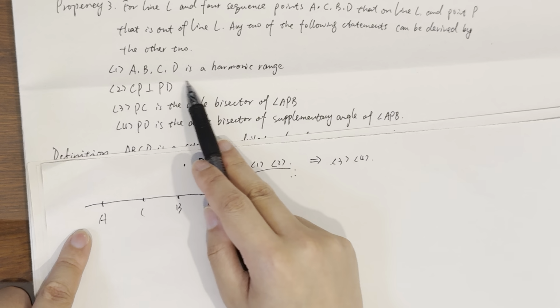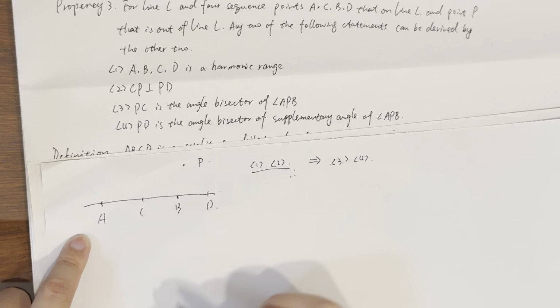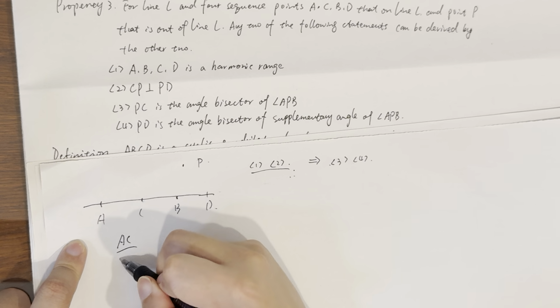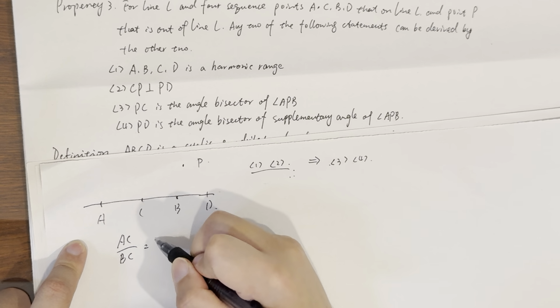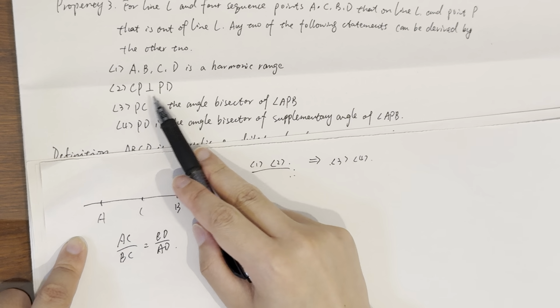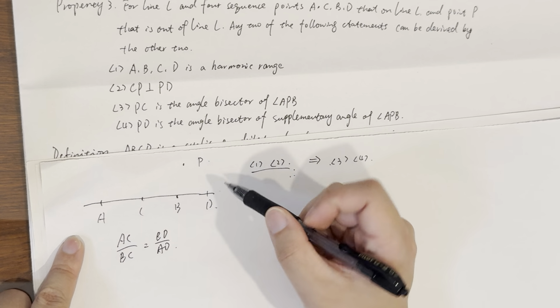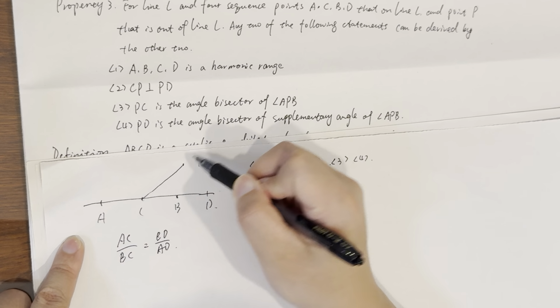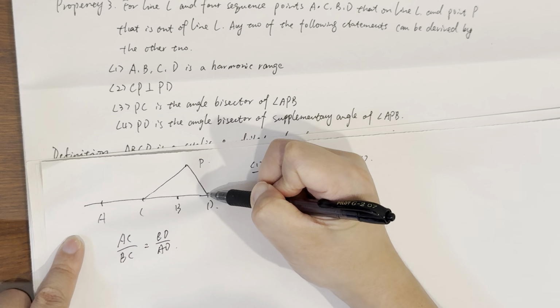So first, ABCD is a harmonic range. We already know ABCD is a harmonic range, which means that AC to BC equals BD to AD, right? And also we know that CP is perpendicular to PD. CP is perpendicular to PD.